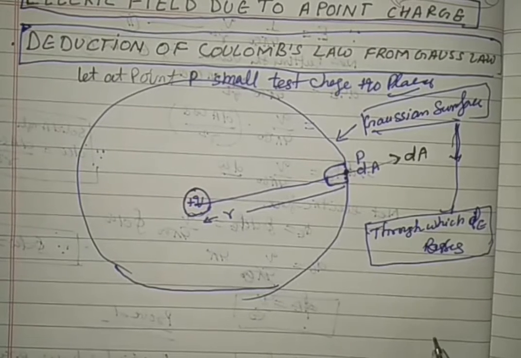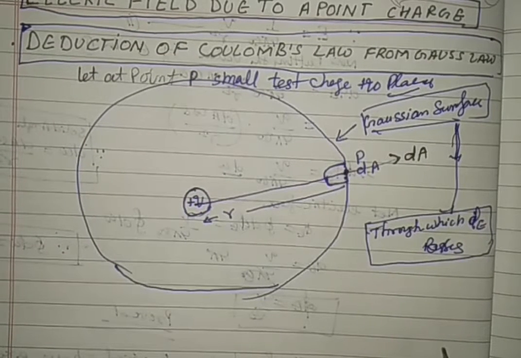So consider the Gaussian surface here. Clear?